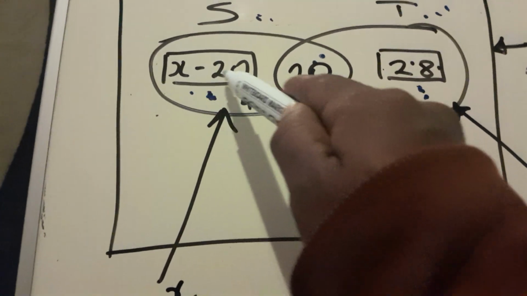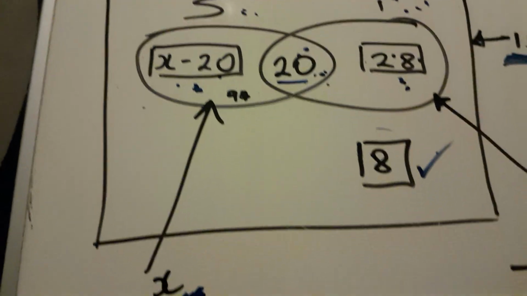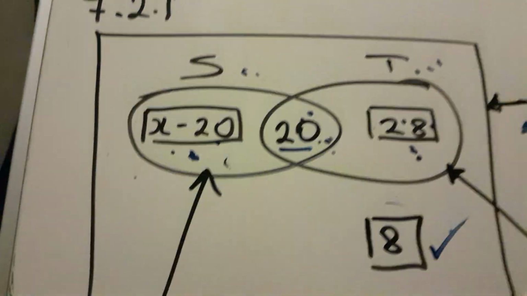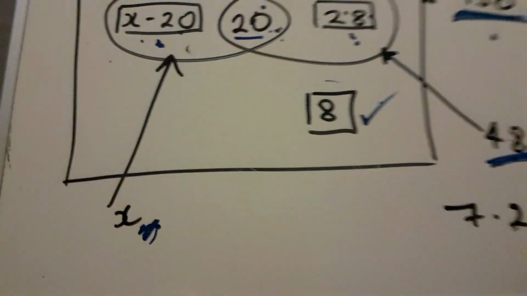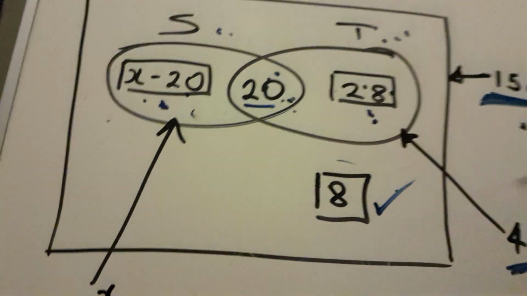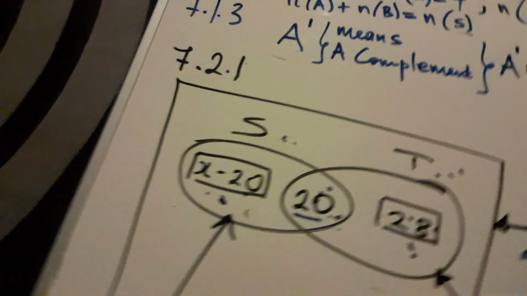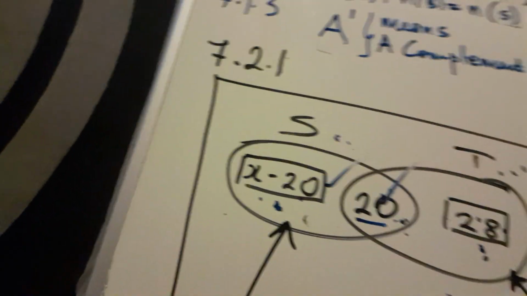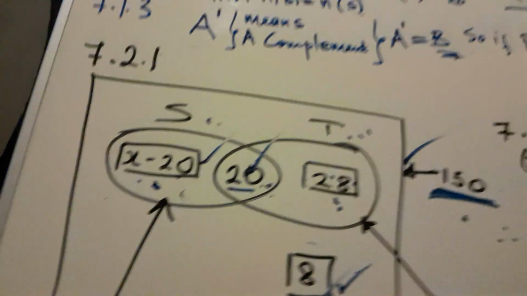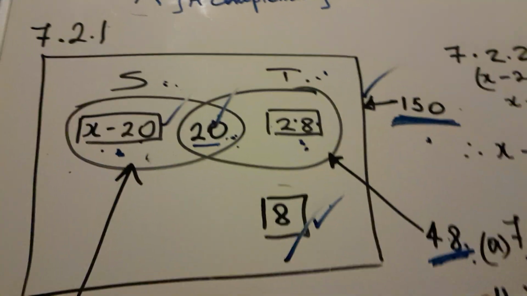So it's X minus 20 here. Okay, now that's your Venn diagram. And when you've done it correctly, 1, 2, 3, 4, you're going to get 4 marks for that.